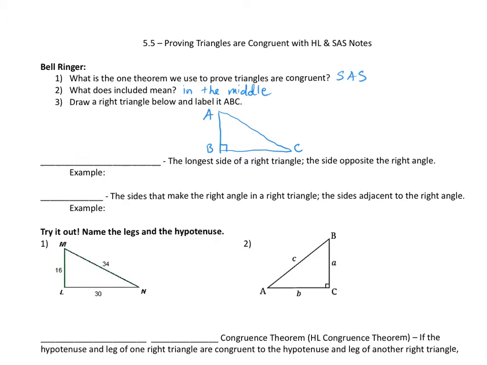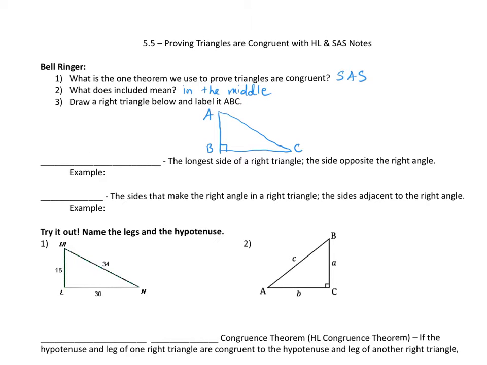The next one, the longest side of a right triangle, the opposite side of the right triangle. So what is the name of the longest side of the right triangle, which is also the opposite of the right angle?